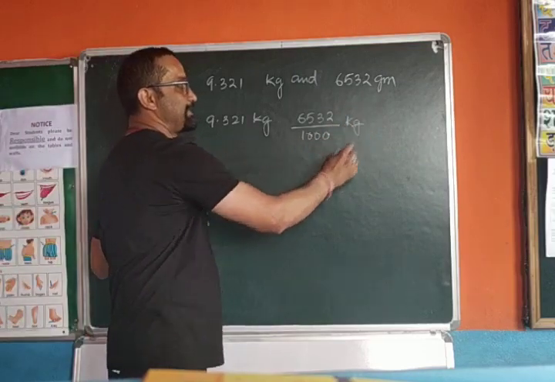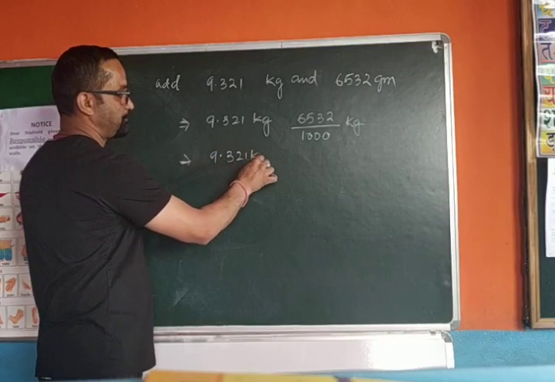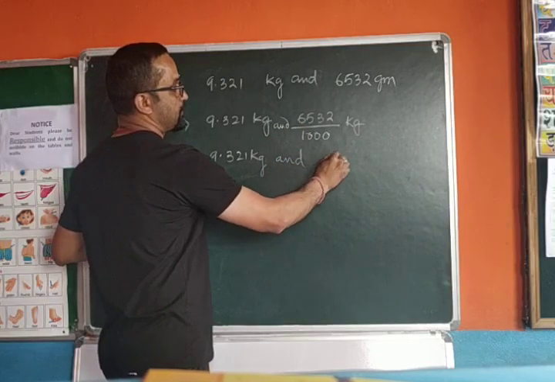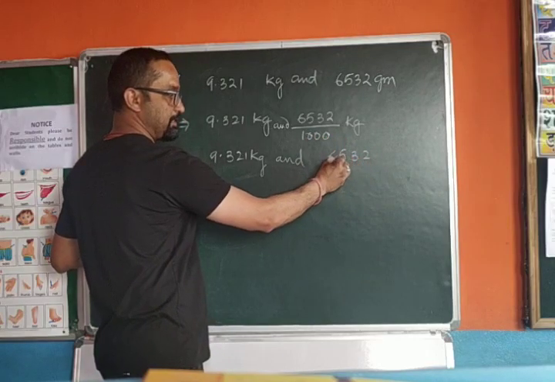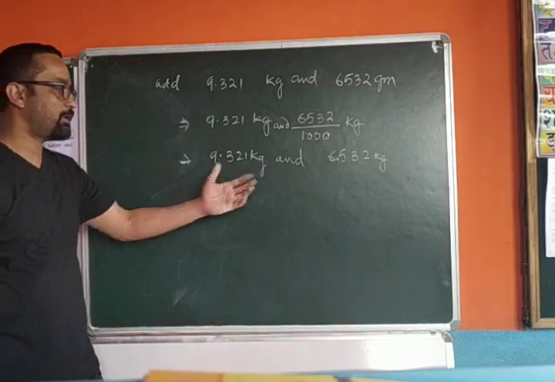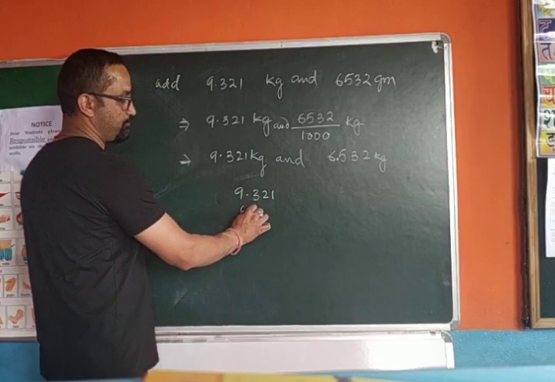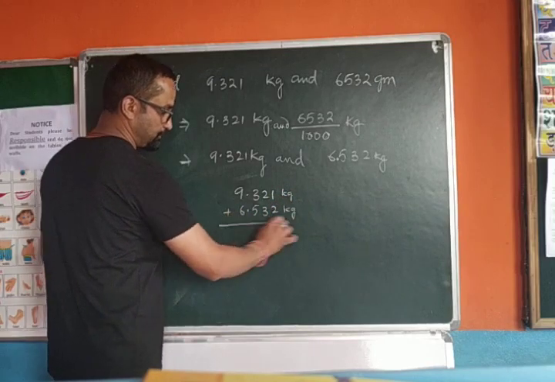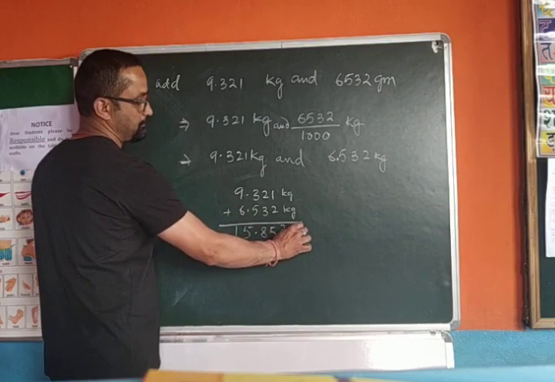Unit changes to kg. 9.321 kg and 6,532: count the number of zeros, 1, 2, 3 places decimal. Same unit. Add it up. 9.321, 6.532. Simple addition. 3, 5, 8, 15 kg.